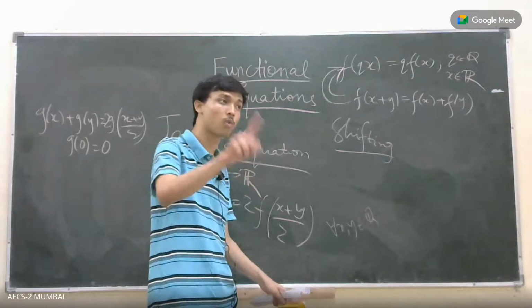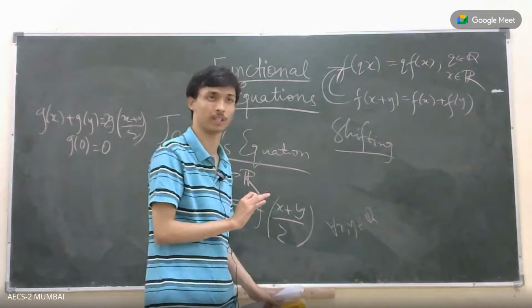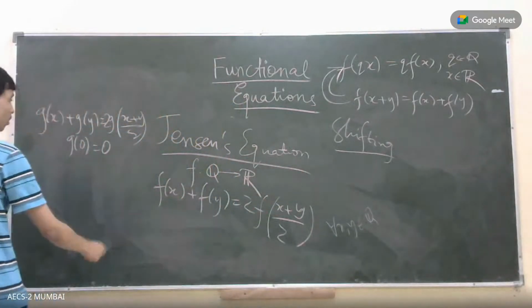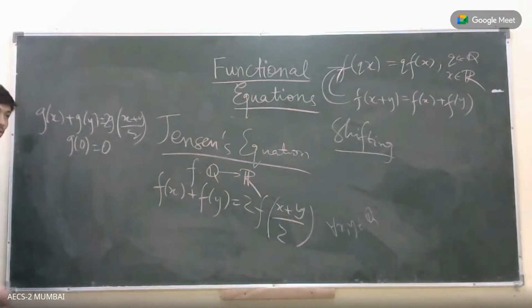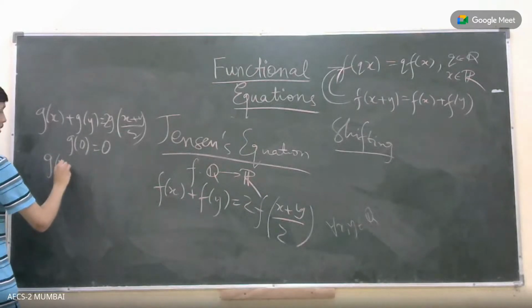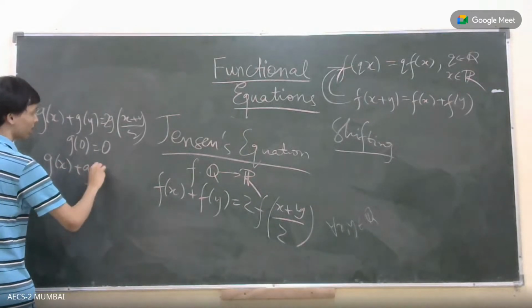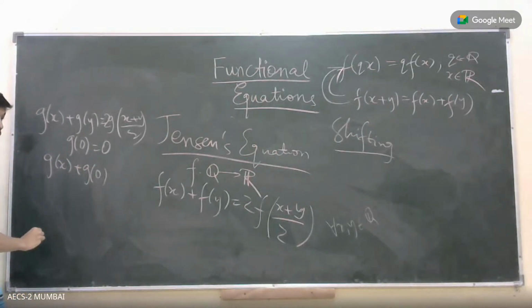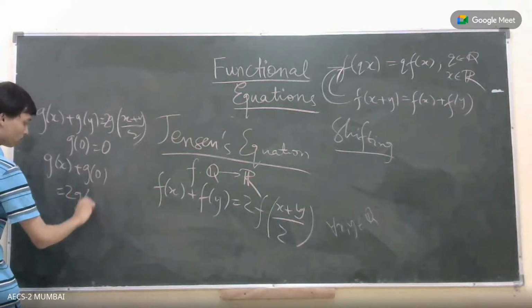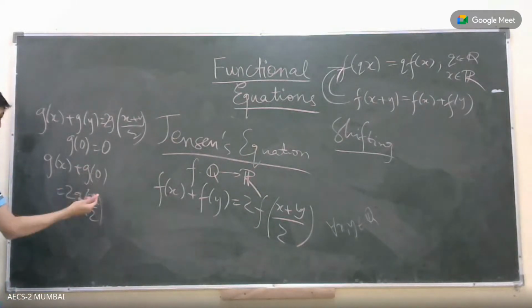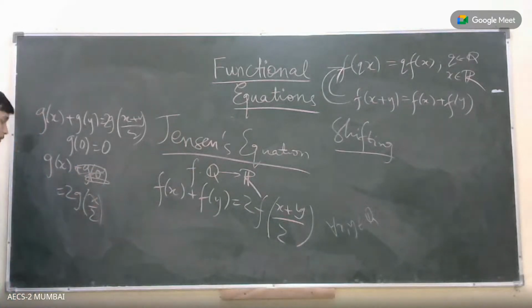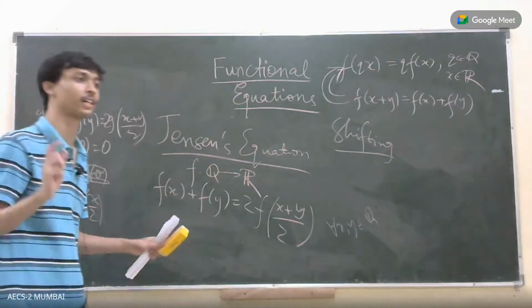The second one is put one of the variables 0 and leave the other as it is. So let's put y = 0 and leave x as it is. What do we get? g(x) + g(0) equals 2g(x/2). What is g(0)? So we get g(x) = 2g(x/2).